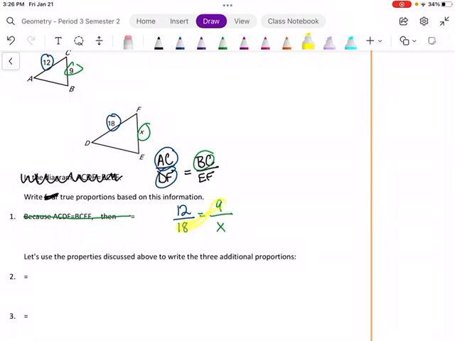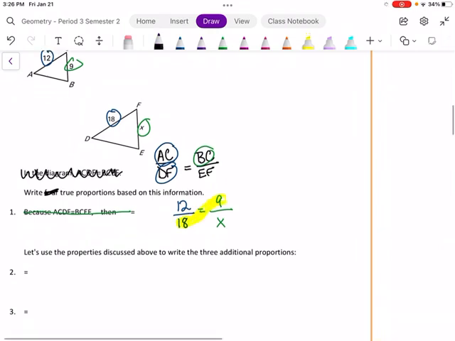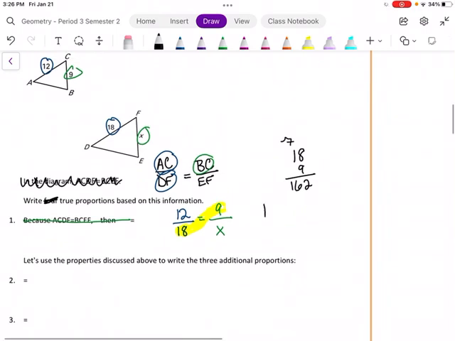So we're going to take 18 times 9, do that math really quick, which is 162. And that is going to be equal to the product of 12 and X. So 12X.